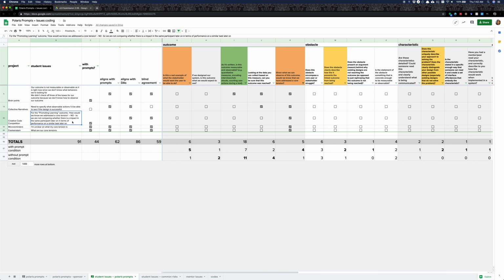If that's true, then there isn't really a way that their outcome tells them whether or not the obstacle was overcome and if they've addressed the core tension. Which is really cool to see, that the student was able to catch that issue themselves just by constructing their own design argument and reading a prompt to help them assess that within their argument.